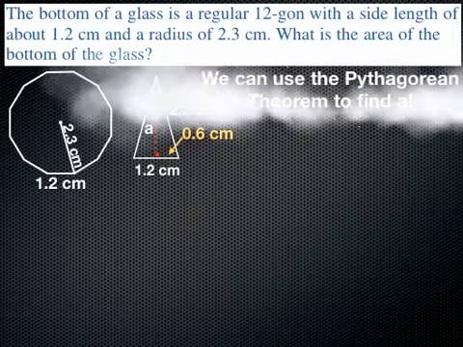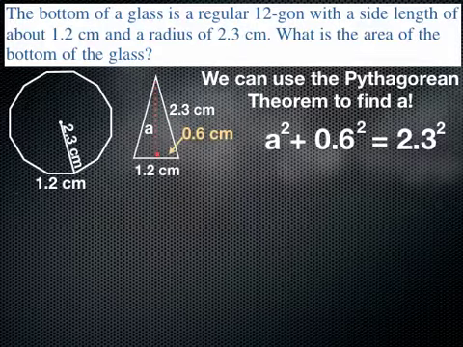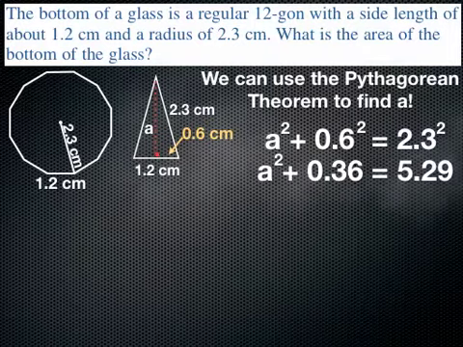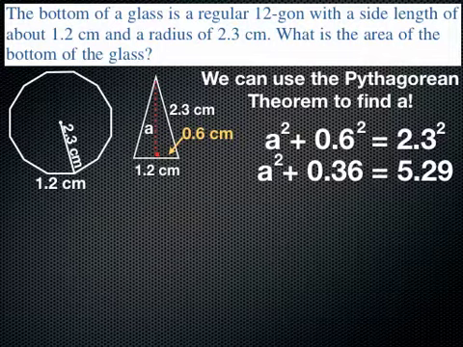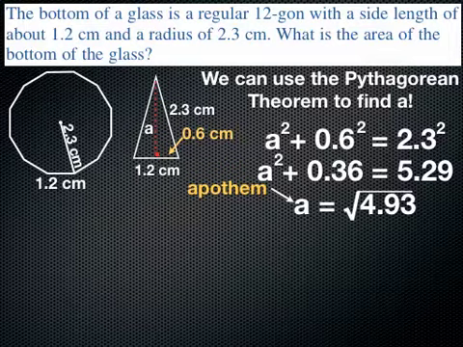So I'm going to be able to use the Pythagorean theorem to find A. A squared plus 0.6 squared equals 2.3 squared. Go ahead and square the numbers. Now I need to subtract 0.36 from both sides, and I need to take the square root of both sides to solve for A. So A is the square root of 4.93. So there is my apothem.